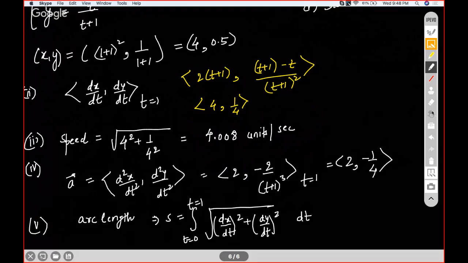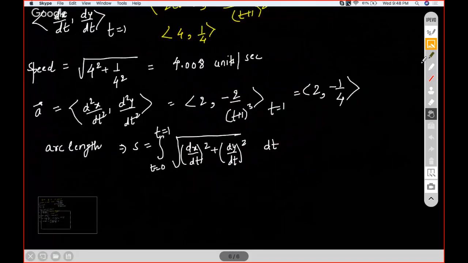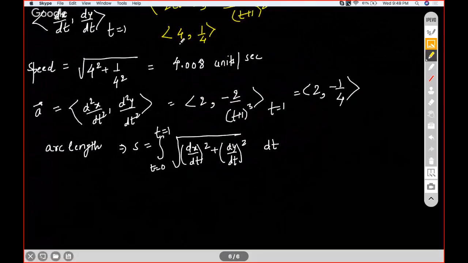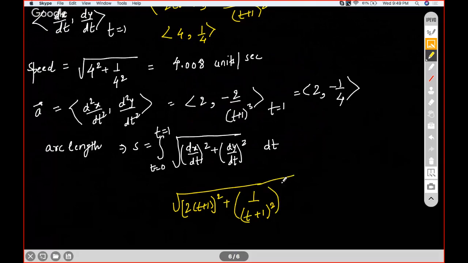Okay. So dx by dt, what is the expression for dx by dt? I think we have found it a little while ago. dx by dt is 2 times (t plus 1). And dy by dt is 1 by (t plus 1) square, whole square, dt, correct?